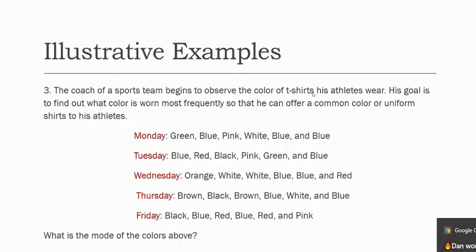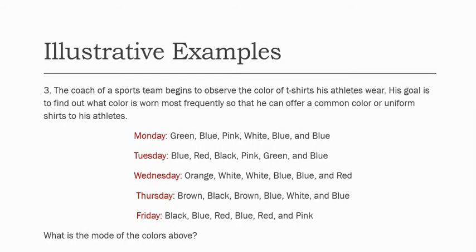However, we can also use it for nominal data, let's say colors. The coach of a sports team begins to observe the color of t-shirts his athletes wear. His goal is to find out what color is worn most frequently. So kung ito yung problem, what measure of central tendency are we talking about? We're talking about the mode.